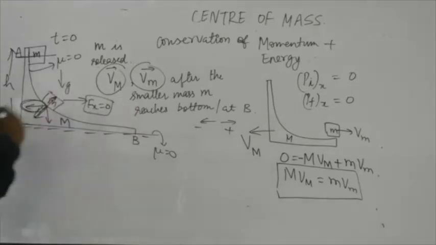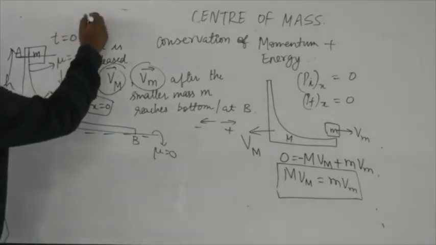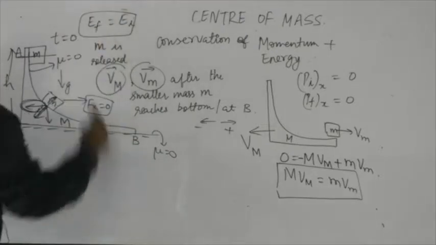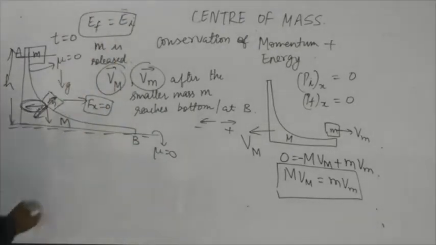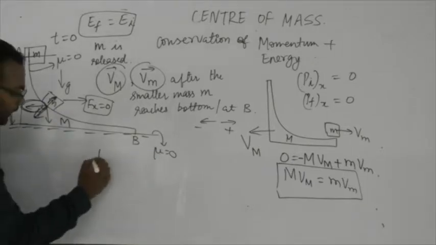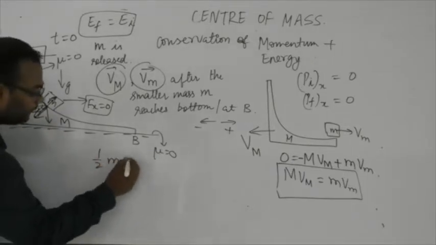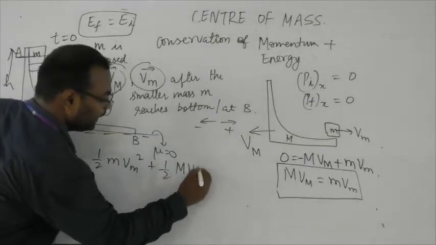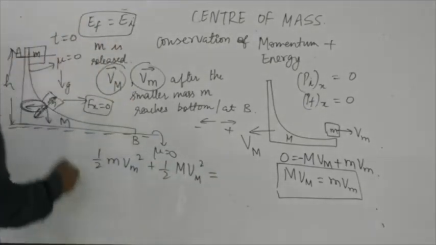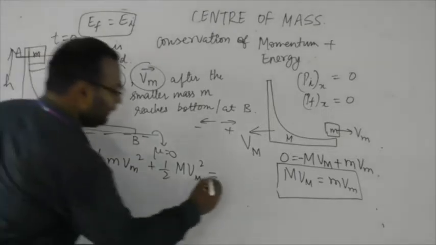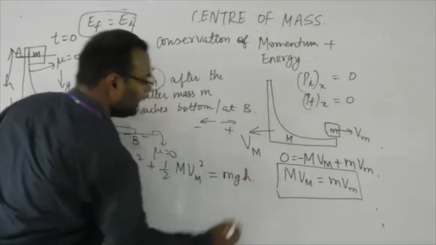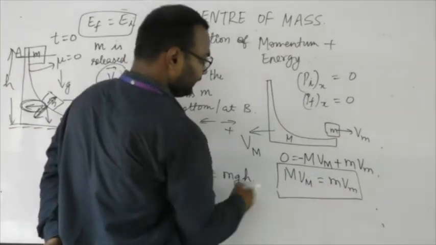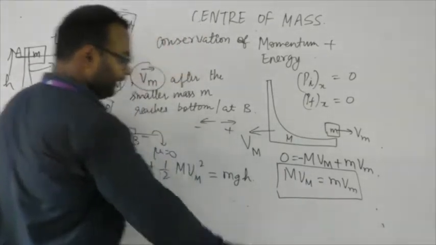There is no external force, so E final will be equal to E initial, right? E final will be half M V_M square plus half m v_m square. Initial energy is only because of potential, that is mgh.